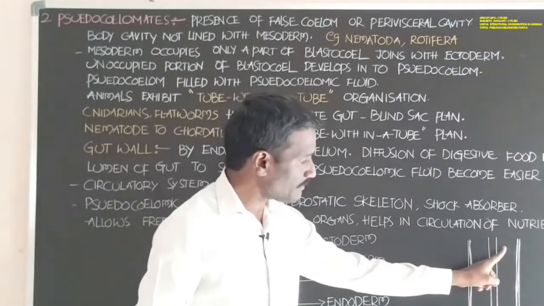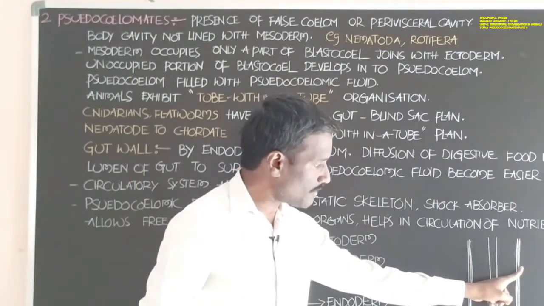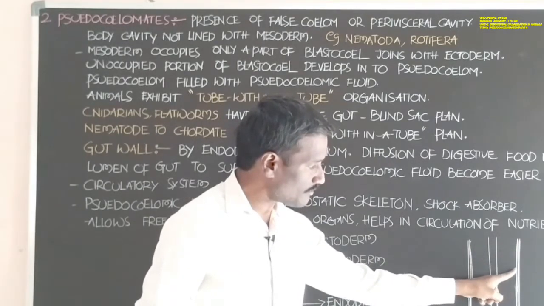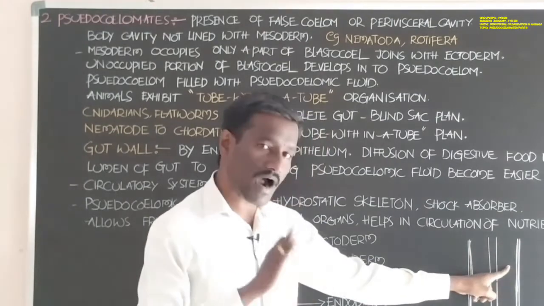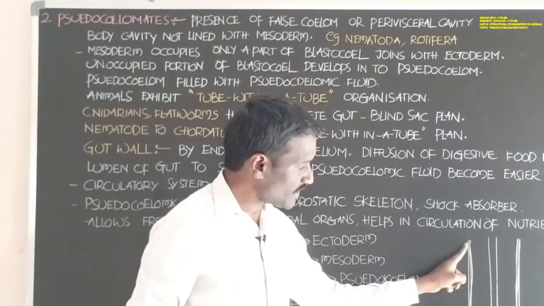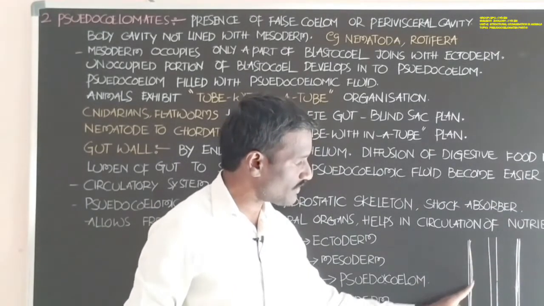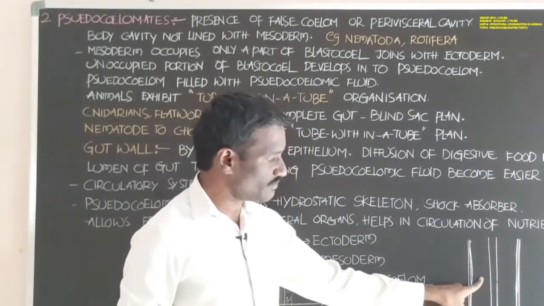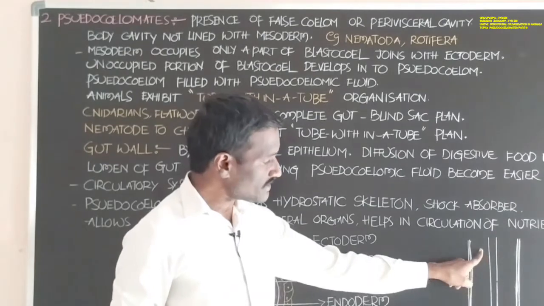Here is the ectoderm and the mesoderm. The mesoderm attaches to the ectoderm, and this is the endoderm. Student, it is the body wall and it is the food tube. The space between these two is the cavity.